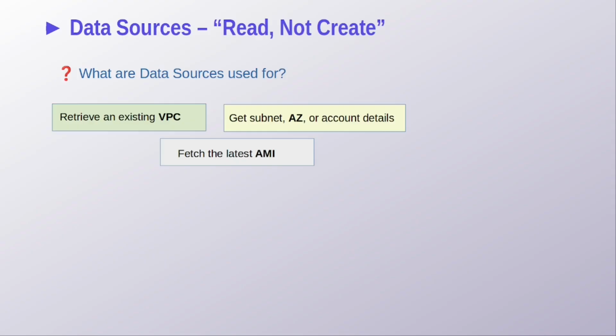Data sources are used to read information from existing infrastructure without creating anything new. Example: get an existing VPC, fetch the latest AMI, read subnet or account information.